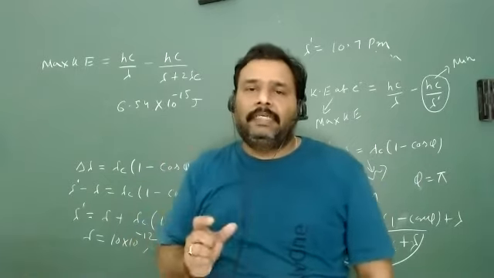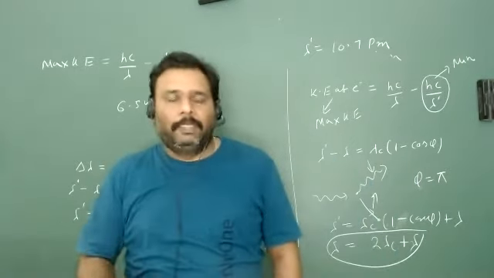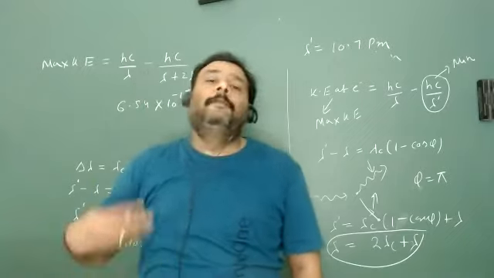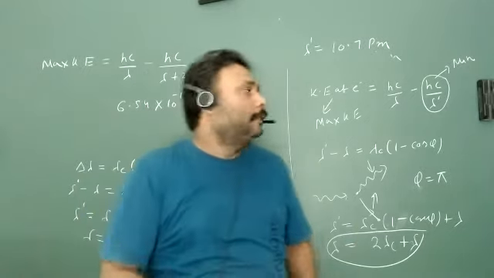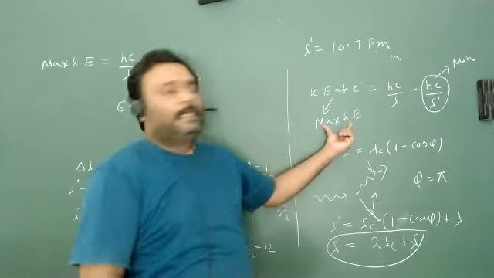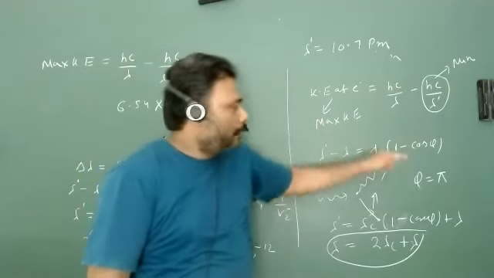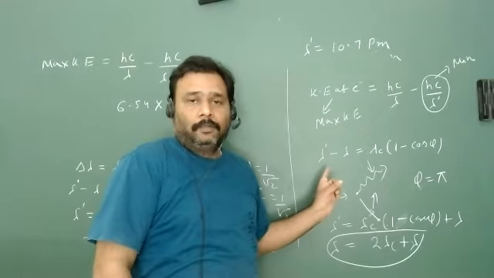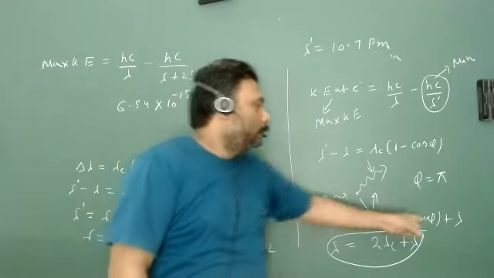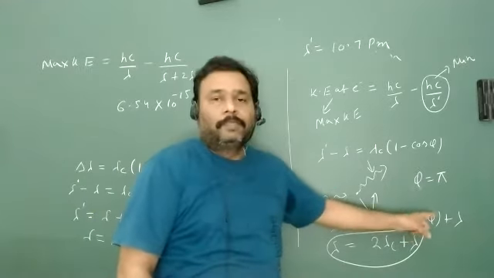Why are we doing this problem? Every problem has some story, because in this problem what we learn is that the maximum kinetic energy of the electron is obtained when we get the maximum wavelength, and the maximum wavelength is obtained when phi must be pi.